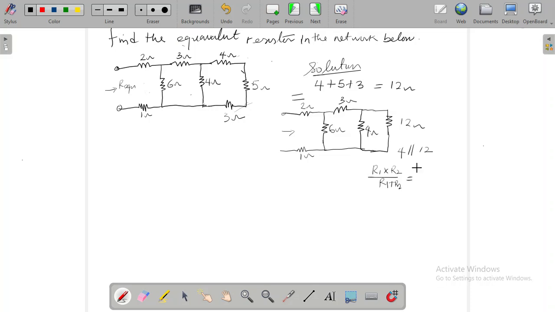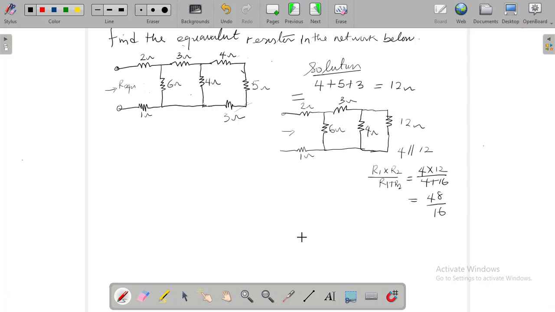So in this case, what we have is 4 times 12 over 4 plus 12. If you do that simple calculation, we should have 48 divided by 16. So sorry, what we have here is 12.